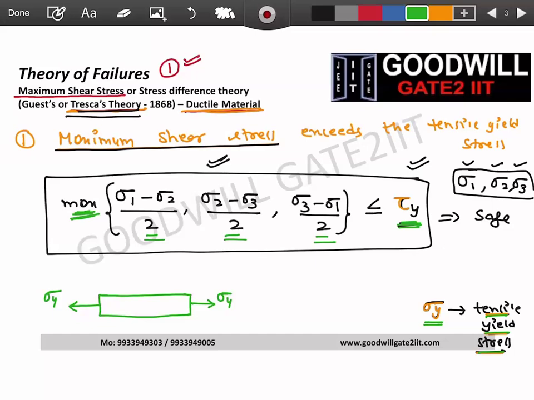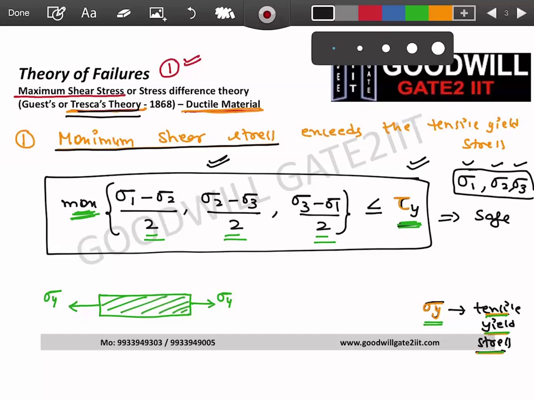Okay. Now, guys, please listen to me carefully. This is a specimen I have taken in my lab, and to it I have applied yield stress so that there is a failure. Now, I want you people to tell me, what are the principal stresses in this case? Can I say my major principal stress is equal to sigma y? The sigma y is yield stress.